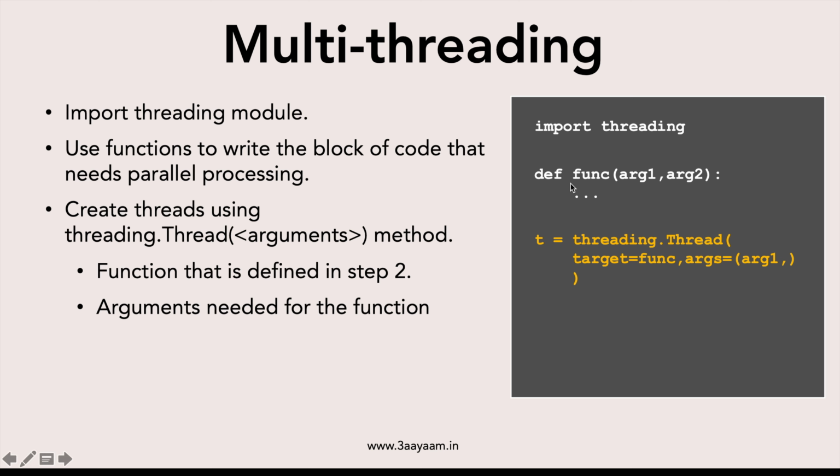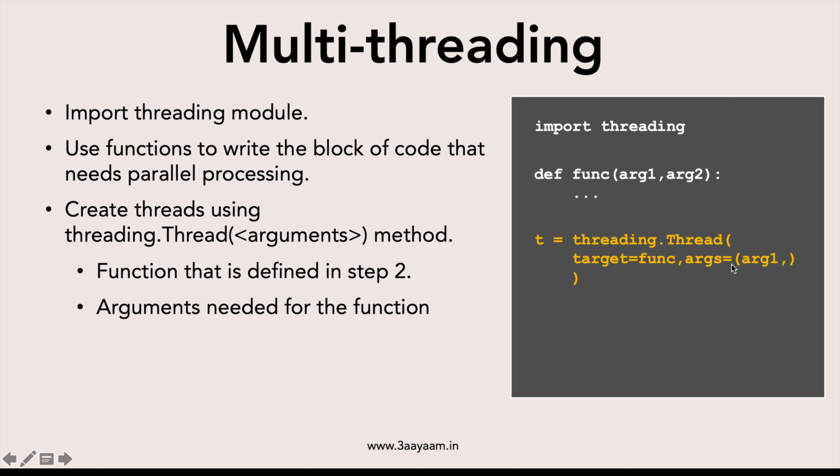The name of the function is func, and that name is passed in the target keyword. So here you see target equal to func. Notice that I have not used the open and close brackets here, because that is not needed in the syntax.